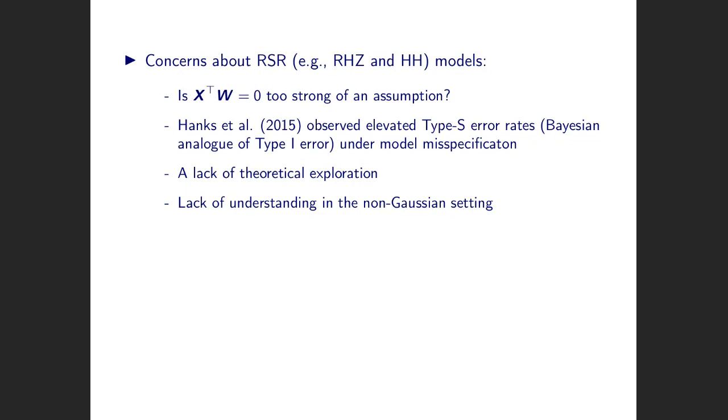Is that too strong? Is that an assumption that we really want to make? Other criticisms come from the Hanks et al. 2015 paper that noted instances of elevated type S error, which is the Bayesian analog of type 1 error, under model misspecification.